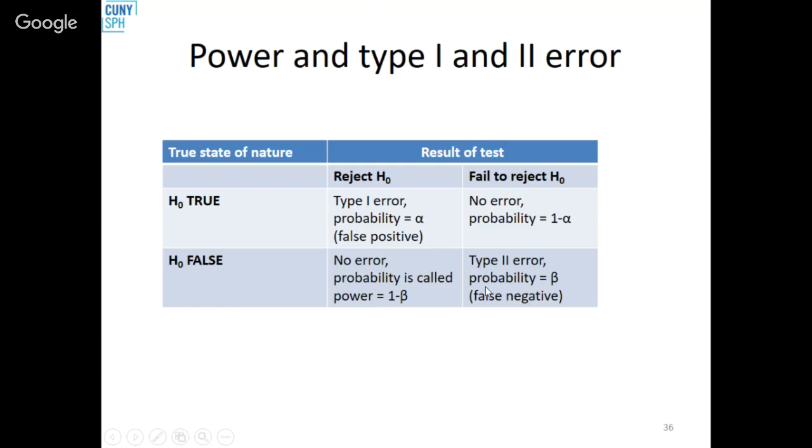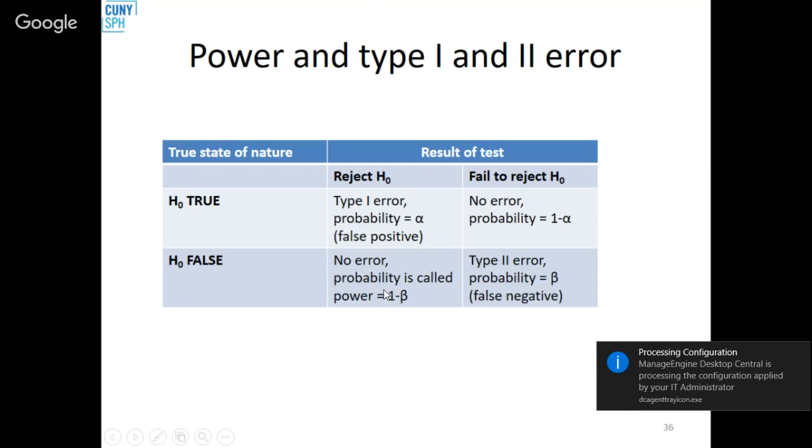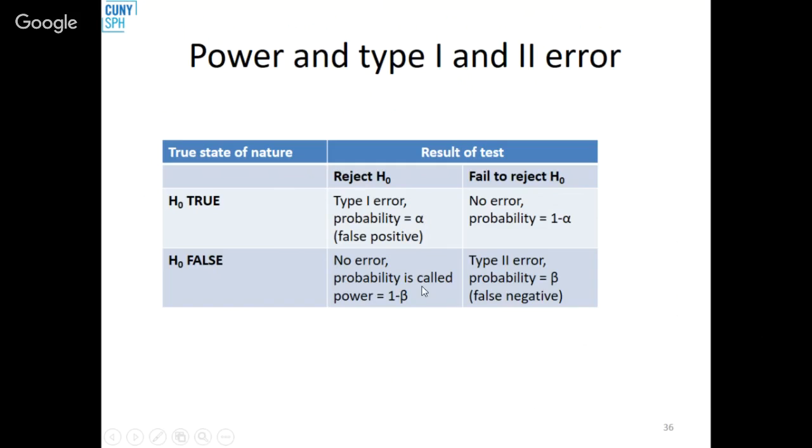But this type 2 error, 1 minus that is what we call the power. So the power is, if you have a false null hypothesis, the probability that you correctly reject the null hypothesis.